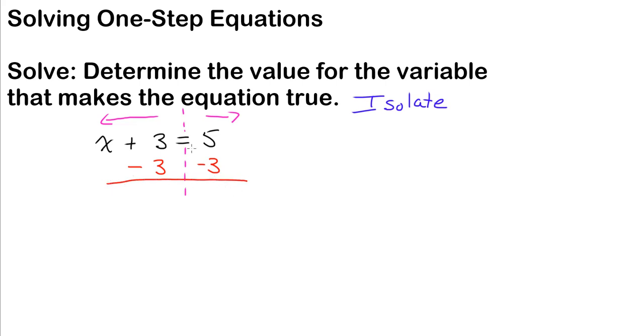So we draw a line across, and 3 minus 3, that is 0, or it cancels out because adding 0 doesn't do anything. So x plus 0 is just x. Equals, and 5 minus 3 is 2. So I achieved my goal. I isolated my variable, x equals 2, and this is my solution.